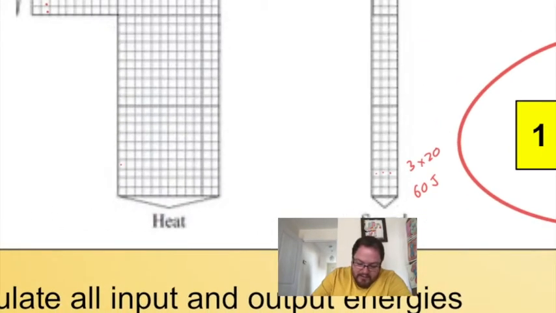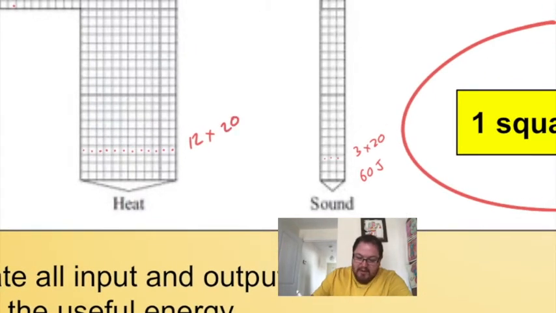And then I've got 1, 2, 3, 4, 5, 6, 7, 8, 9, 10, 11, 12 squares times 20. Well, 10 times 20 is 200, and then 2 times 20 is 40, so it's going to be 240 joules.